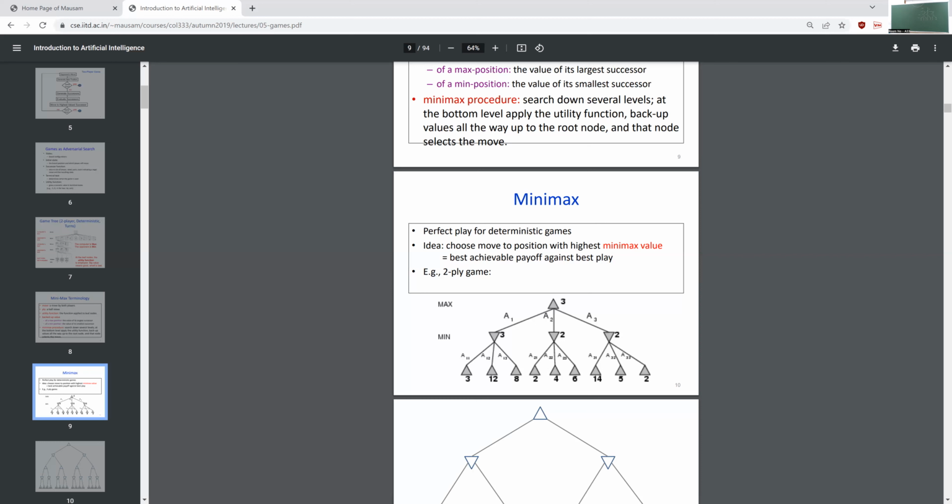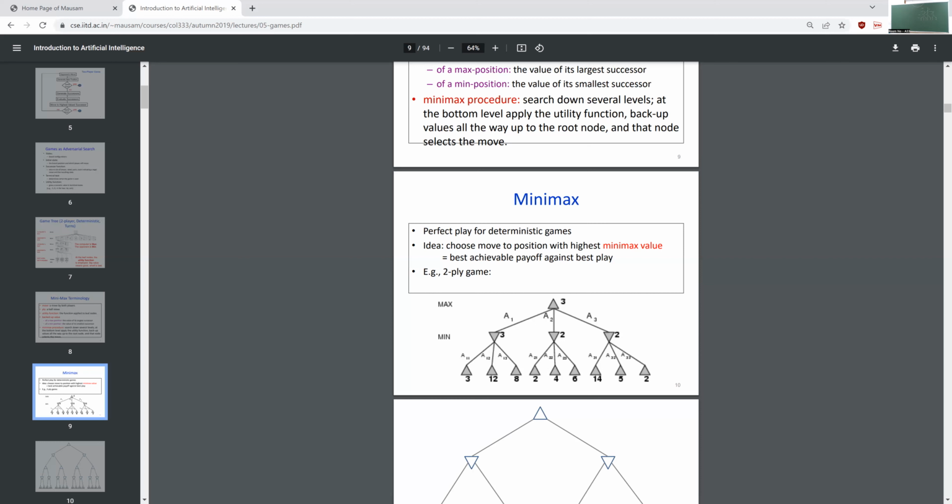How do we calculate it? For a min node, you look at its children's minimax values and select the minimum of them. For a max node, you look at the minimax values of its children and select the maximum. That way you can build the minimax value for all nodes of the tree.